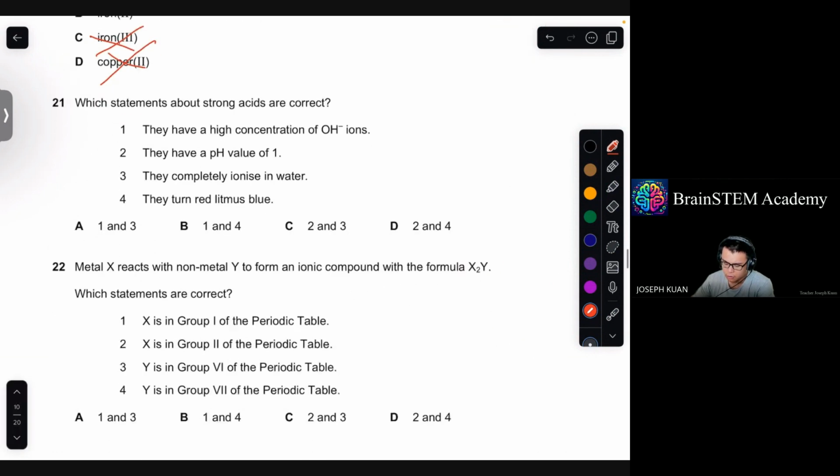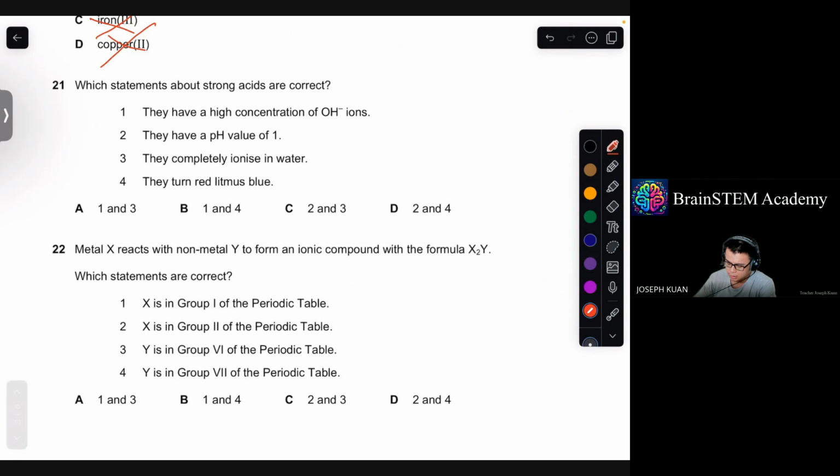Which statements about strong acids are correct? The keyword here is strong acids. One, they have a high concentration of hydroxide ions. That is actually characteristic of strong alkalis. It should be hydrogen ions to be exact. Two, they have a pH value of 1. That is a characteristic of strong acids.